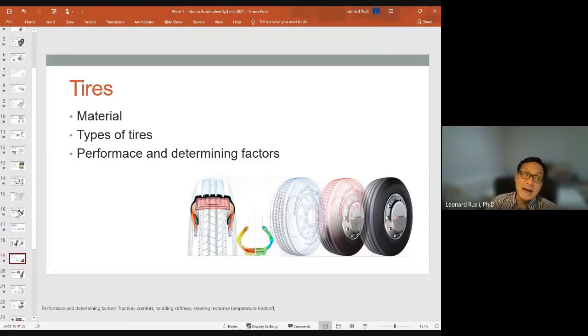Okay? But there is always a trade-off. If you want tires that are quiet and comfortable, okay, they usually have less grip. Tires that are not noisy are usually harder, but as a result, less comfort and they don't grip as well.